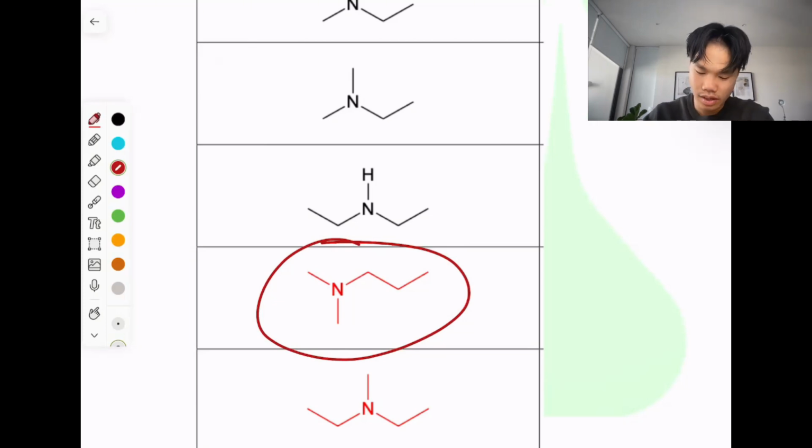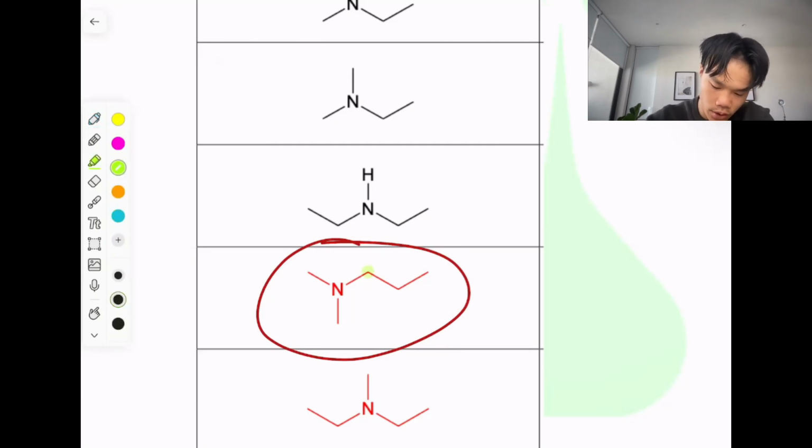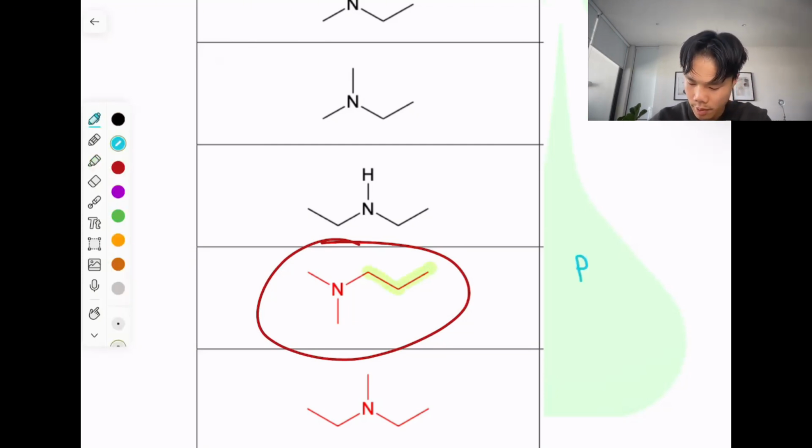Okay. So the rules for naming a secondary amine, you pick the longest chain as your parent chain. 1, 2, 3. So we know it's going to be a propane chain as our main chain. And we have an amine bonded onto that main chain.